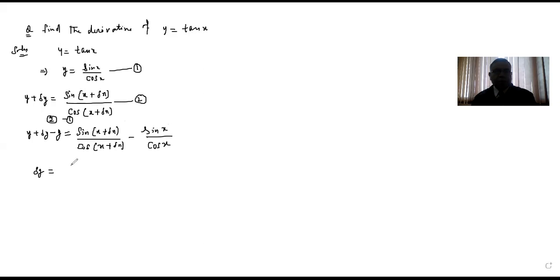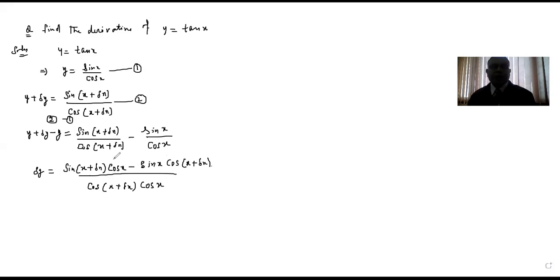So delta y is equal to, this is cos x plus delta x cos x. So this is sin x plus delta x cos x minus sin x cos x plus delta x.